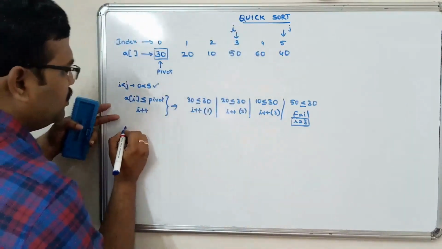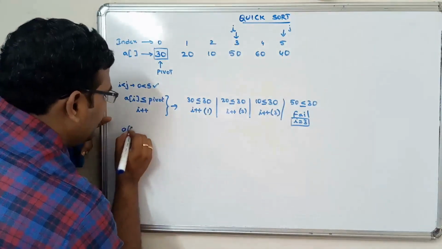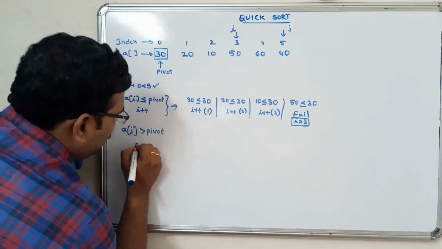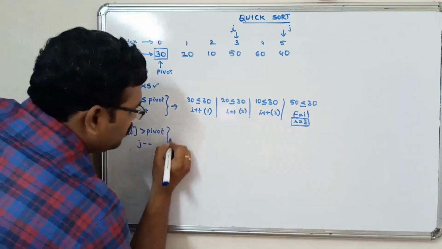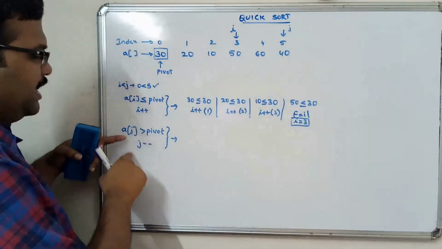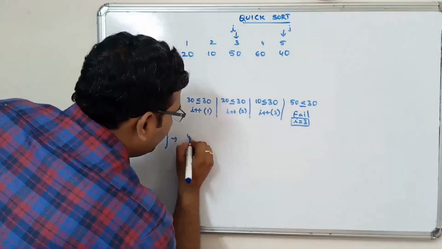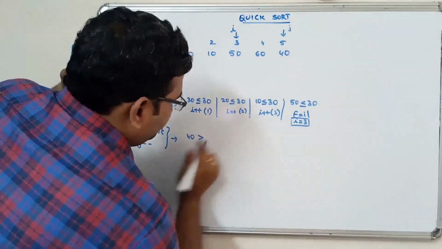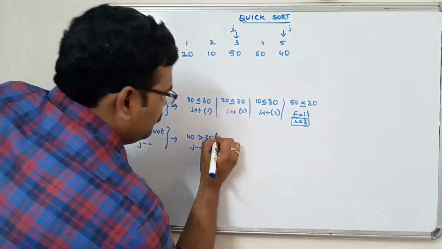Okay, now keep on decrementing the j value. So a of j is greater than pivot, then j minus minus. Repeat this process. a of j is nothing but the high value, 40, greater than 30, j minus minus, so it will be 4.